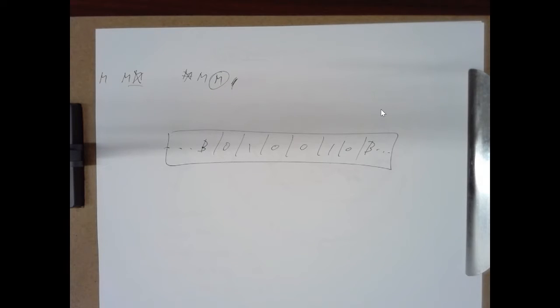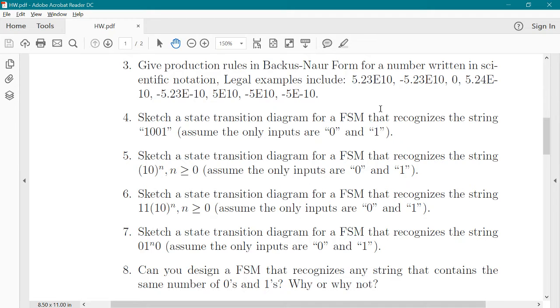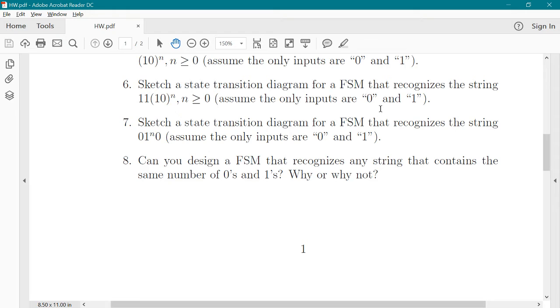You had a question? Yeah, for number 8, you asked, like, can it keep track of how many net 1s and 0s? So it recognizes a string that contains the same number of 0s and 1s. So what did we think about this?